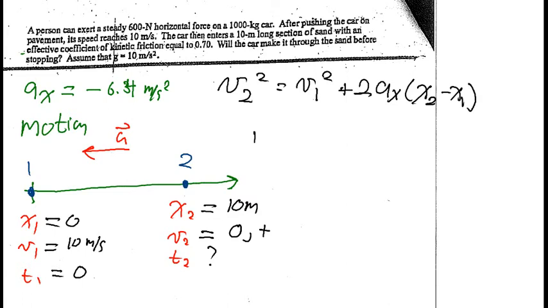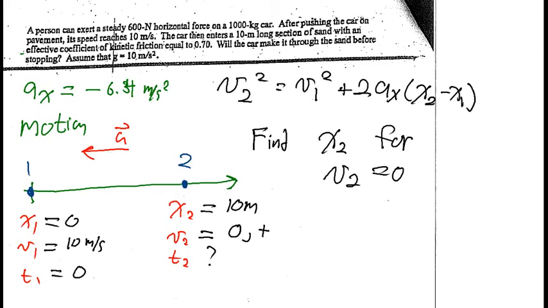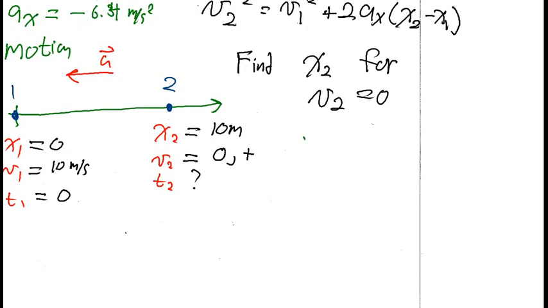And so what I want to do is to actually find the value of x2 for v2 being equal to 0.